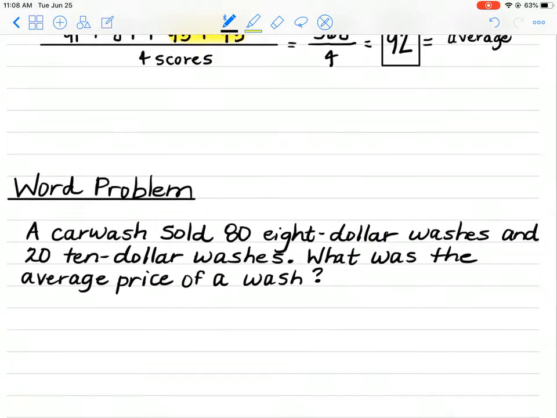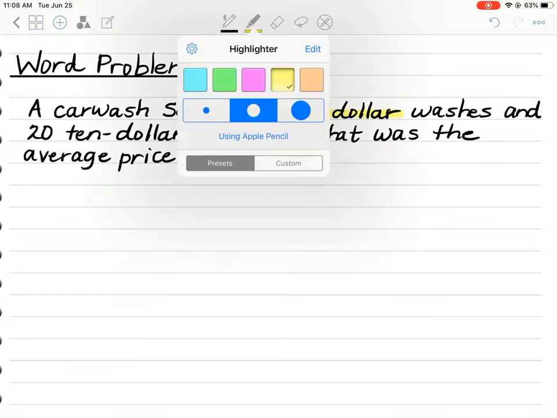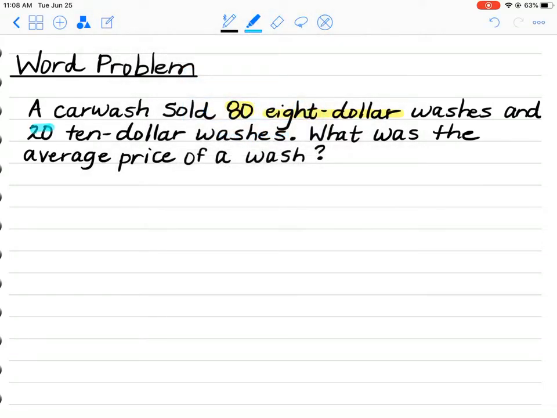Okay, this second problem is a completely different kind of problem, but it works with the same concept. A car wash sold 80 $8 washes. I'm going to highlight that. There were 80 of them that cost $8, and 20 that cost $10.